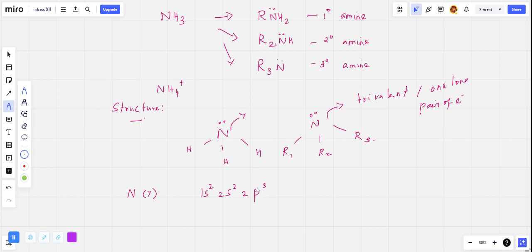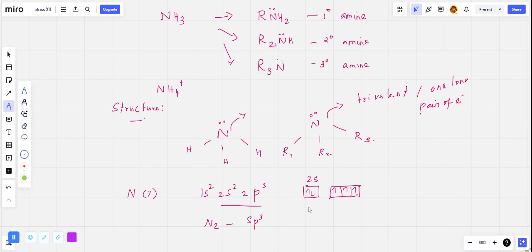For hybridization, we take only the second shell. The 2s has two electrons, and in 2p3 all the three p orbitals have one electron each. So nitrogen is sp3 hybridized.